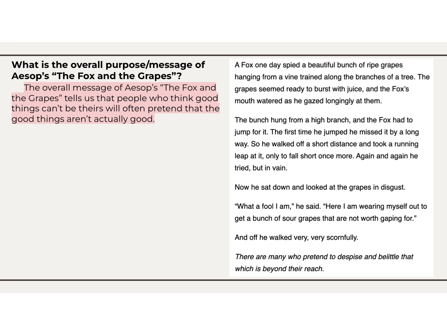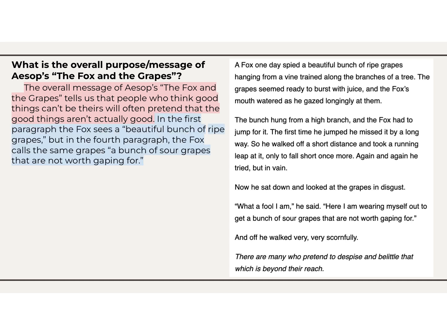And then we cited some specific evidence. In the first paragraph, the fox sees a beautiful bunch of ripe grapes, but in the fourth paragraph, the fox calls the same grapes a bunch of sour grapes that are not worth gaping for.